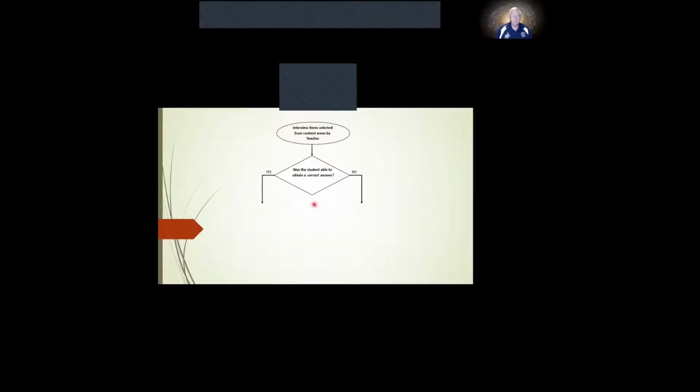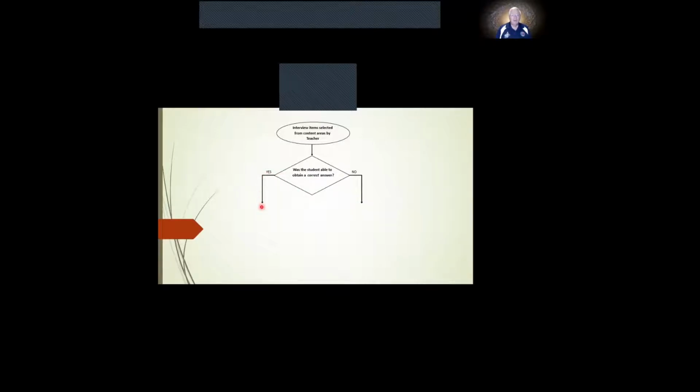Now, when we think about it, this is what a standard paper and pencil test will give us, whether it's a STAR test, an end-of-chapter test, or a test that you created as a teacher. If it's just a paper and pencil test, this is what you look for.